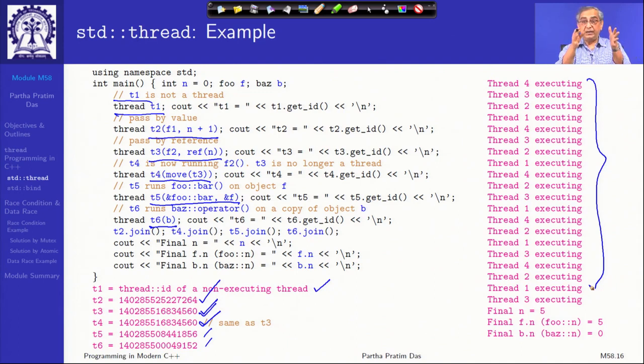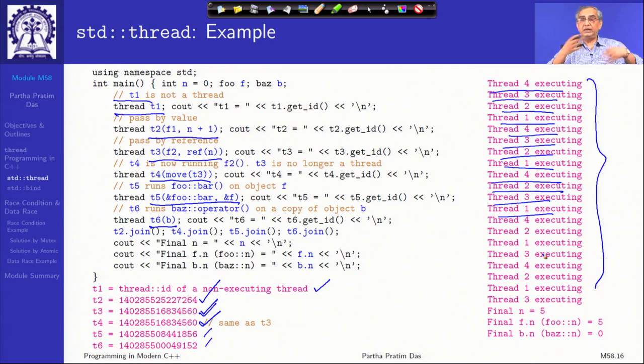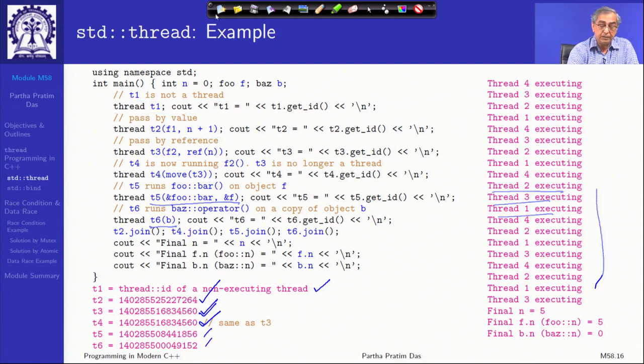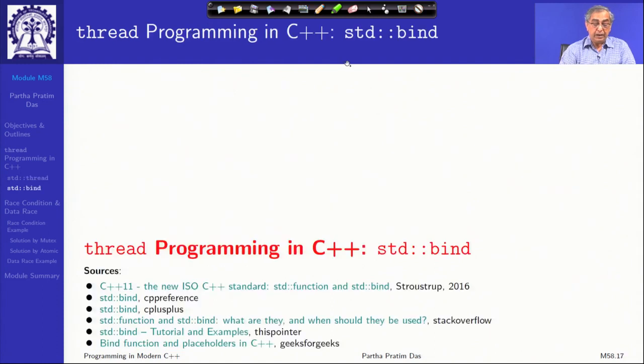So, 4 threads are executing, perhaps in the order 4, 3, 2, 1, but not necessarily; later on you may see that the order is 4, 2, 3, 1. So, this order is indeterminable. This is basically the typical thread execution. Just a little word about bind.